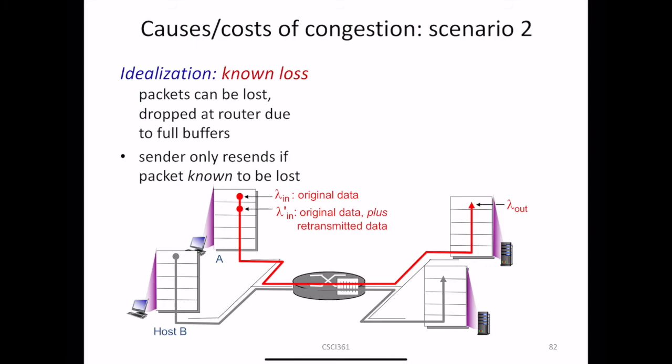However, suppose the sender only knows about packet loss, so packets can be dropped by the router due to full buffers, and the sender only retransmits if a packet is known to be lost. Then let's see this one.